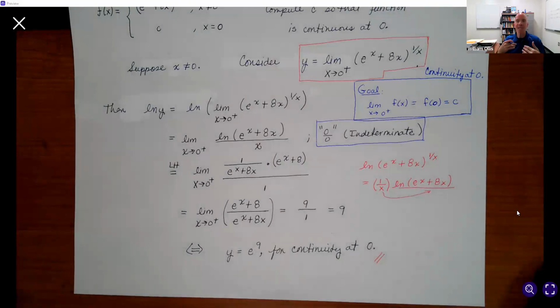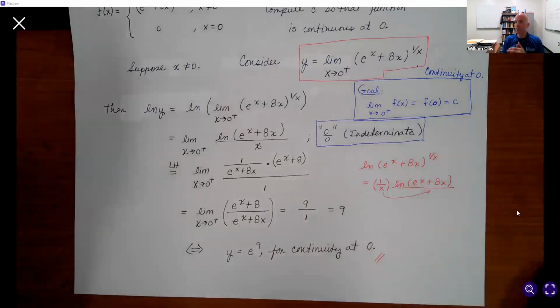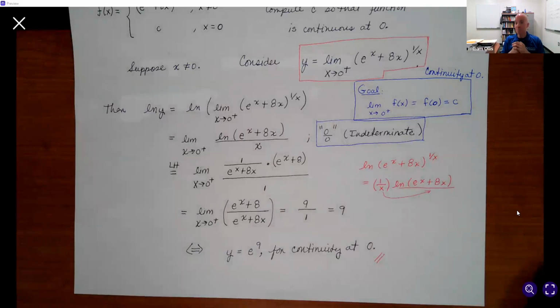But here, when you're dealing with power functions, that is, you've got exponentials, you might have just algebraic power functions, you can always use the logarithm to bring the power to the coefficient, and then manufacture the indeterminate form, either 0 over 0 or infinity over infinity, which then would allow you to apply L'Hopital's rule. So that's the key here. This is an important example and something you will use many times as you continue in your mathematics study.